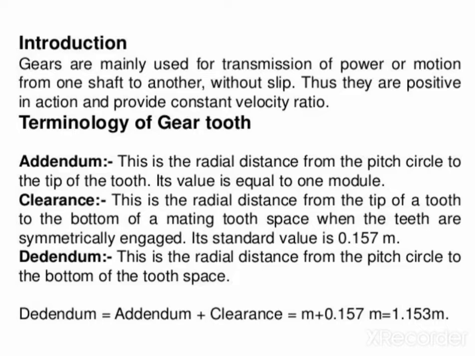So gears are mainly used for transmission of power or motion from one shaft to another without slip. Thus they are positive in action and give us constant velocity. Generally the transmission efficiency of any gear is 99%.